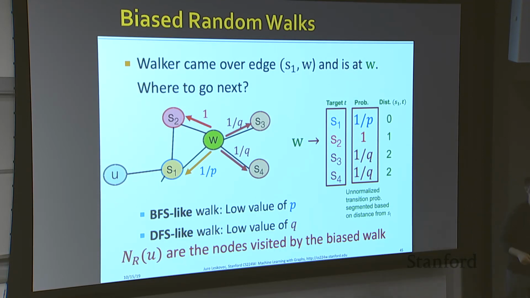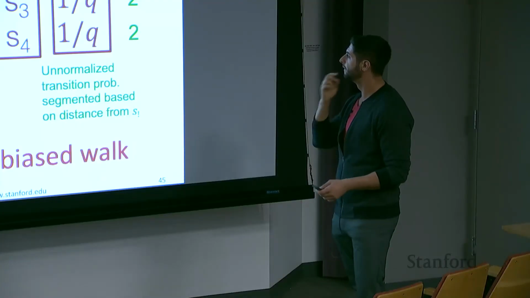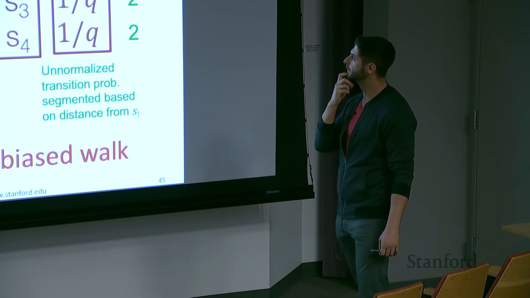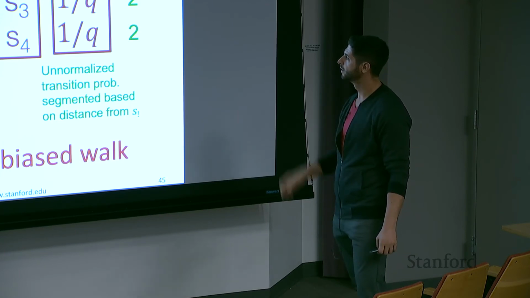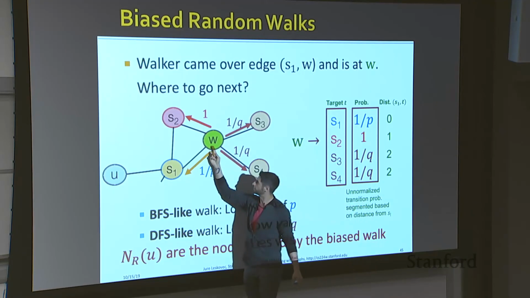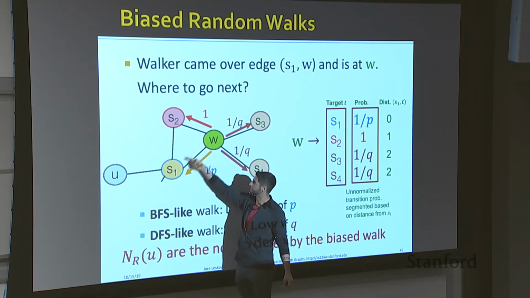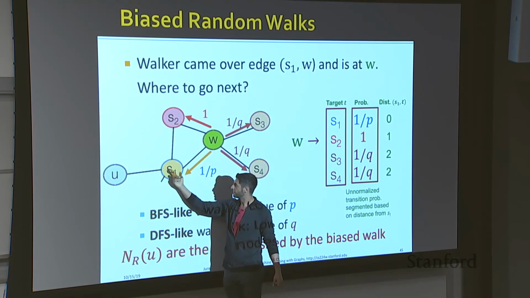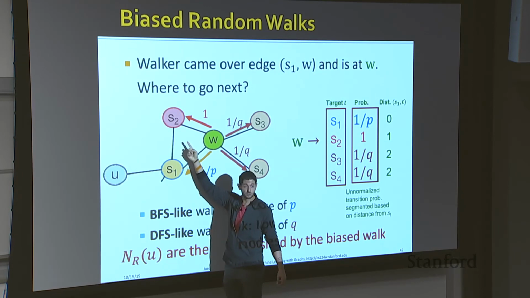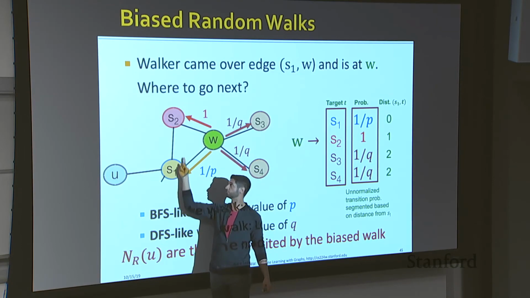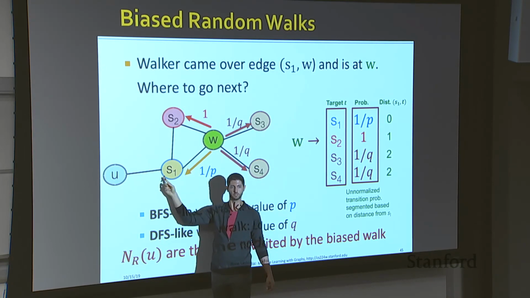Question? So why are we treating the case of going from W to S2 similar to going from W to S3 or S4? Is it just because this is from S1? Yes, so here basically these are all at distance 1 from S1, right? So in a sense you're saying if I move to S2, it's like if I'm performing a BFS from S1. I'm trying to explore all the neighbors of S1, okay?